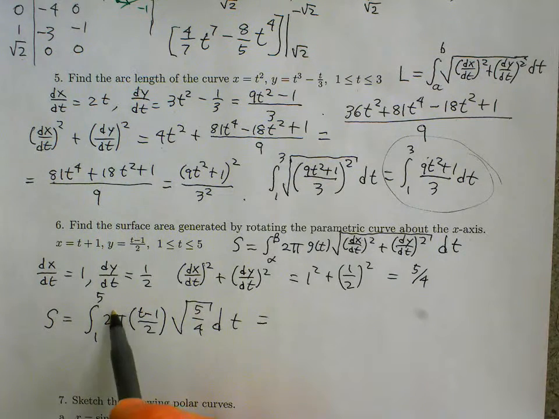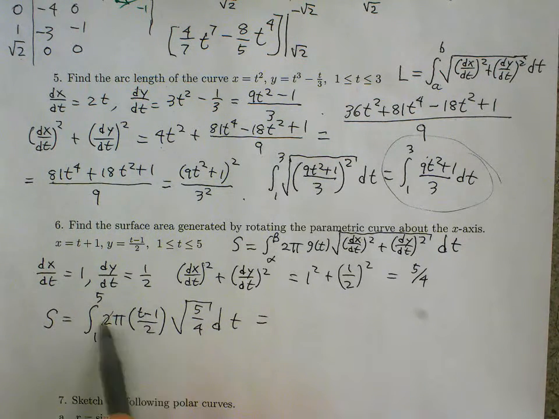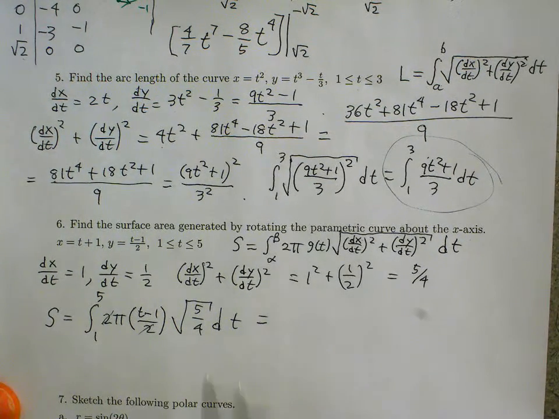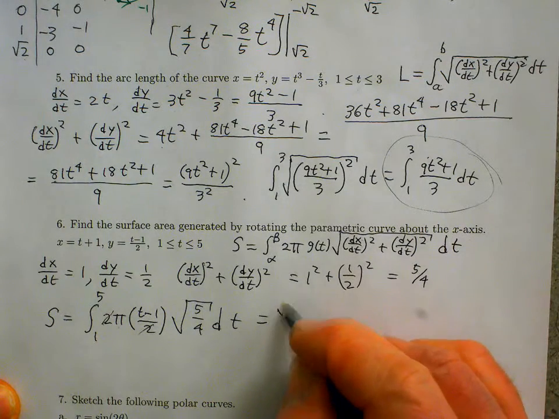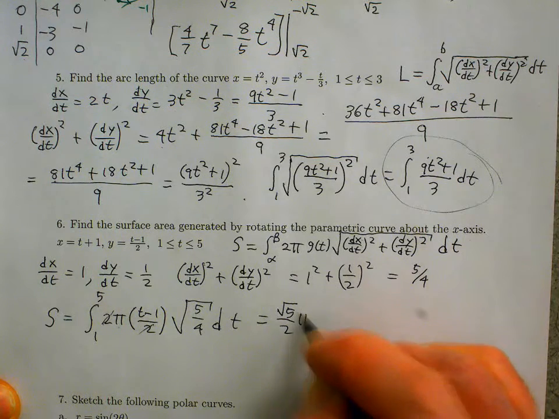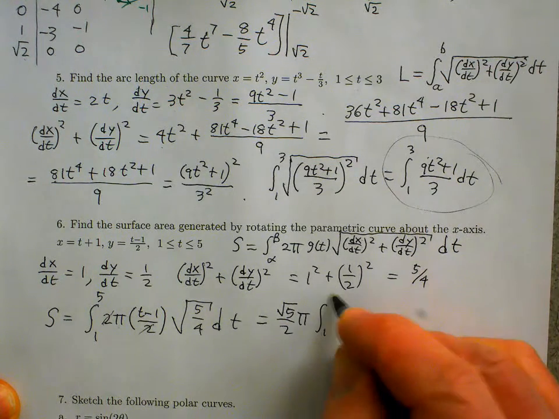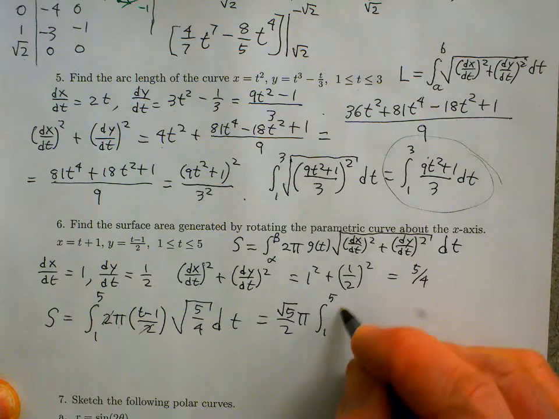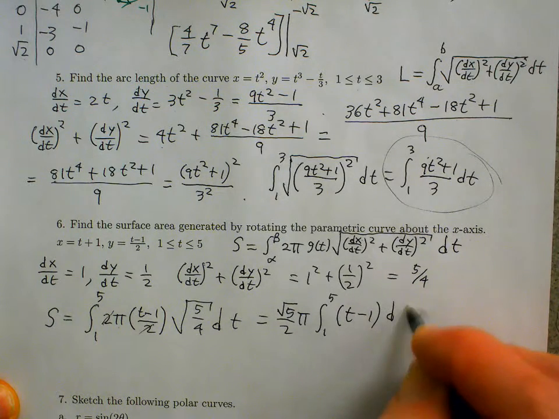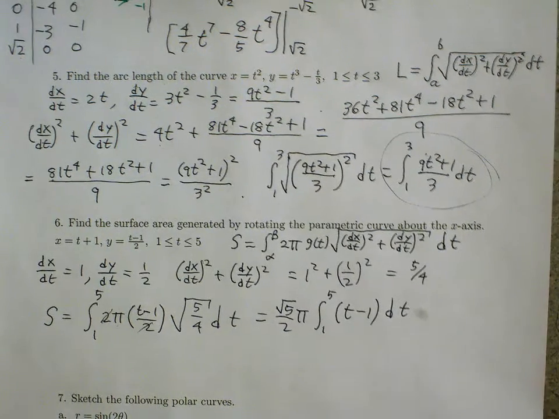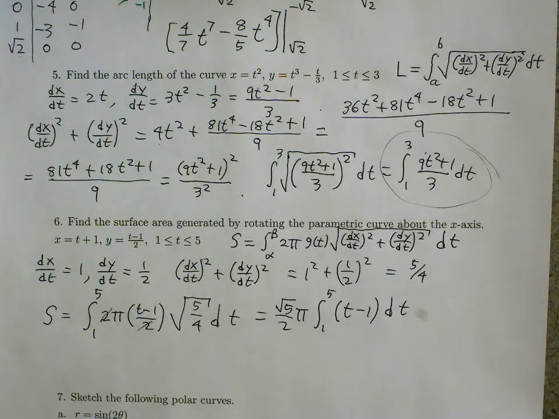We can cancel those twos, 2 divided by 2, and we'll bring the constants out front. So the square root of 5/4 is the square root of 5 over 2 times pi, and then the integral from 1 to 5 of the quantity t minus 1 dt. Okay, the rest of that is pretty simple, so I'll leave the rest of that for you to do.